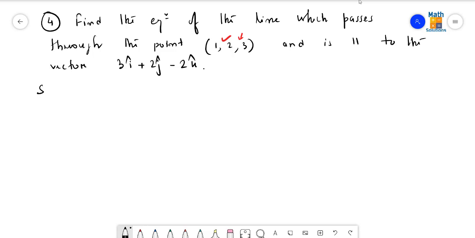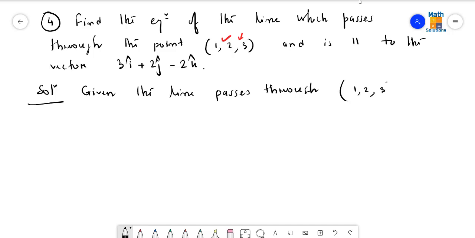Coming to the solution part, this three-dimensional geometry exercise is entirely based on formula, and all the formula are listed in the chapter before every exercise. On the basis of this formula, each and every sum we can find out. Here also the same thing: the line passes through 1, 2, 3.